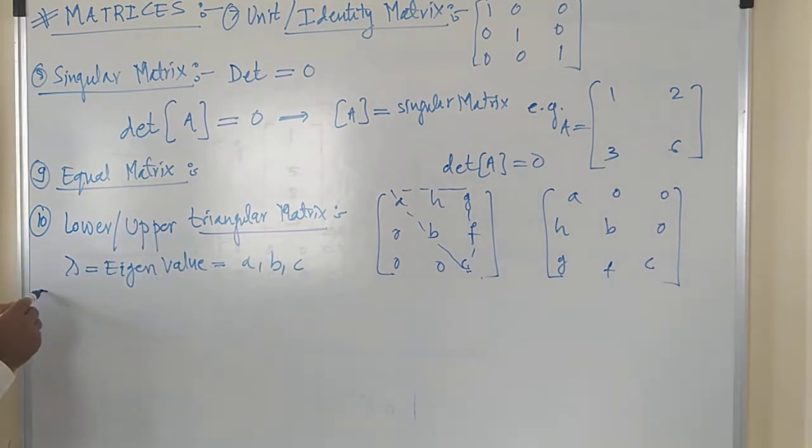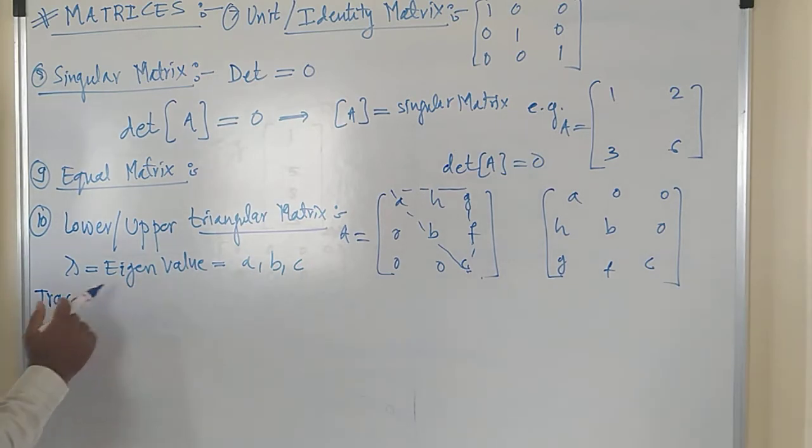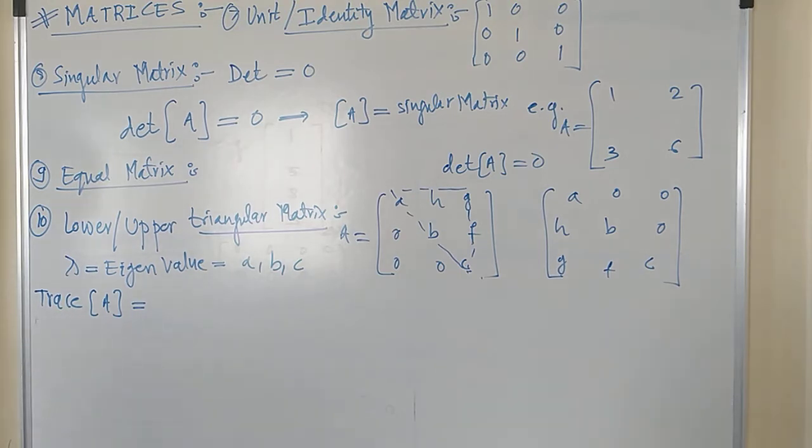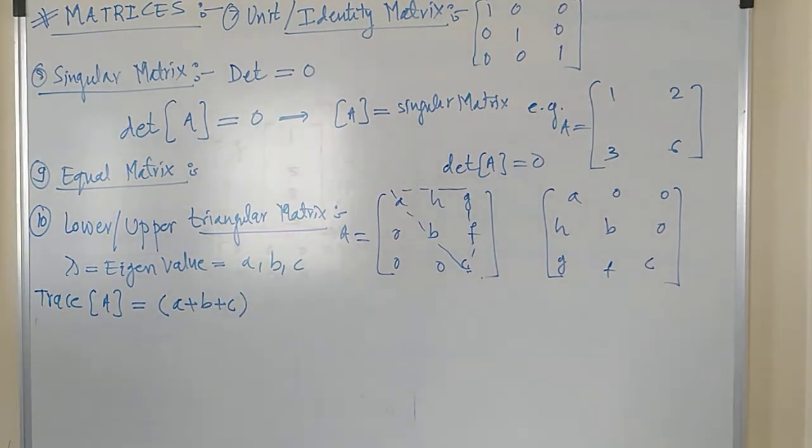And what is the trace of the matrix? Let us say this is matrix A. So I can say the trace of the matrix A is equal to the sum of the diagonal elements, and hence the sum of eigenvalues is called the trace, right?